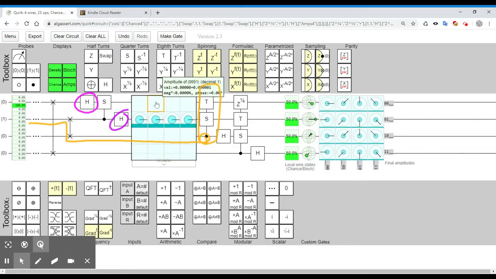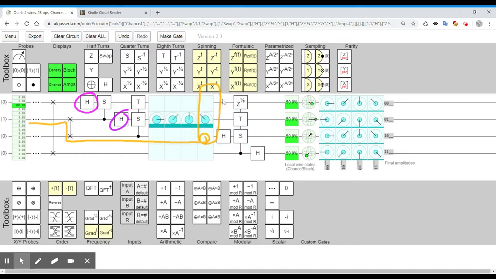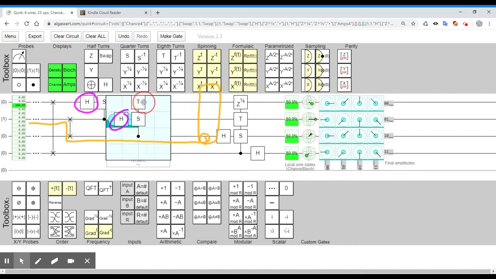Because if I do this, we're going to miss. So now we've already basically rotated everything. Let me do this step by step.